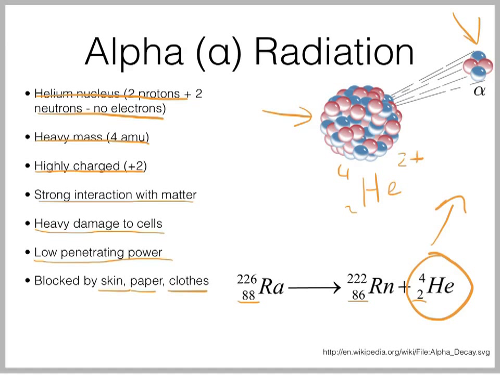In terms of looking at the atomic numbers on either side of the arrow, we've got 88, we've got 86 and 2, so the 86 and 2 add up to the 88. Also our top numbers, so we're talking about our mass numbers. We've got 226 for radium, 222 for radon, and 4 for helium. Those two together add up to 226, so it balances.